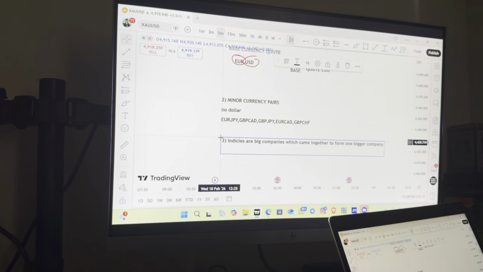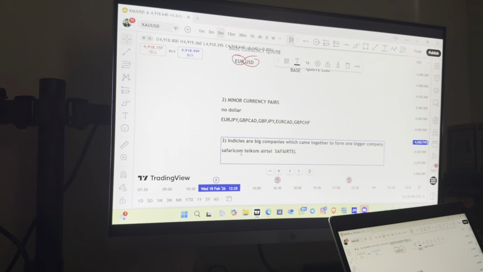I can give you an example in our local country: Safaricom, Telkom, and Airtel decide to collaborate and form one big company. They call their company Saf Airtel. Safaricom, Telkom, and Airtel are big companies, but they have decided to collaborate to form one bigger company. So that's the definition of indices.